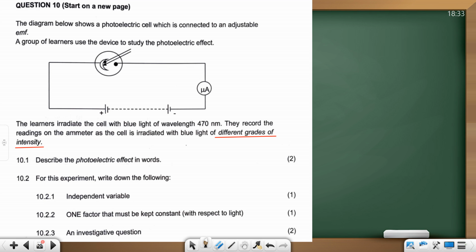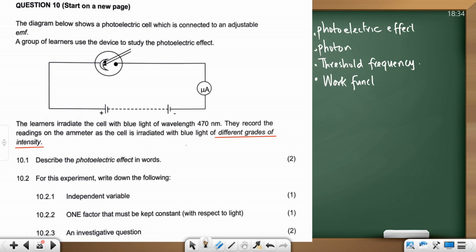There are 4 definitions that I need you to practice here. It is photoelectric effect. It is photon. What is photon? A packet of energy. Threshold frequency, the minimum frequency of light required to eject an electron from the surface of a metal. And then work function. Those are the 4 definitions they are going to ask you.